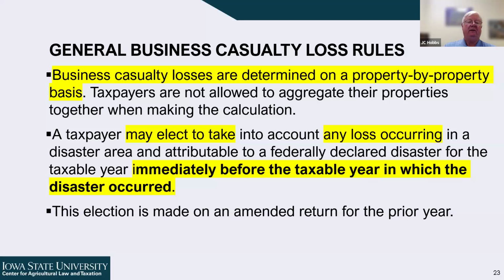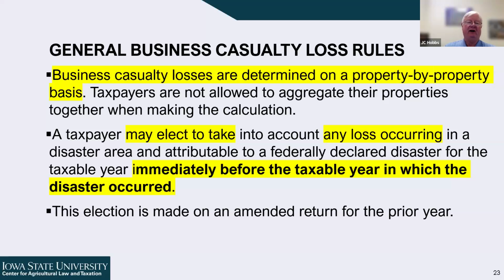So the rules: business casualty losses are determined on a property by property basis, asset by asset basis. So let's say we had the dairy barn, it was gone. Then we have a tractor and some other equipment. We have a grain storage facility, a grain bin. Each one of those items is a separate piece of property, and we have to look at the losses and determine that for each individual piece of property.